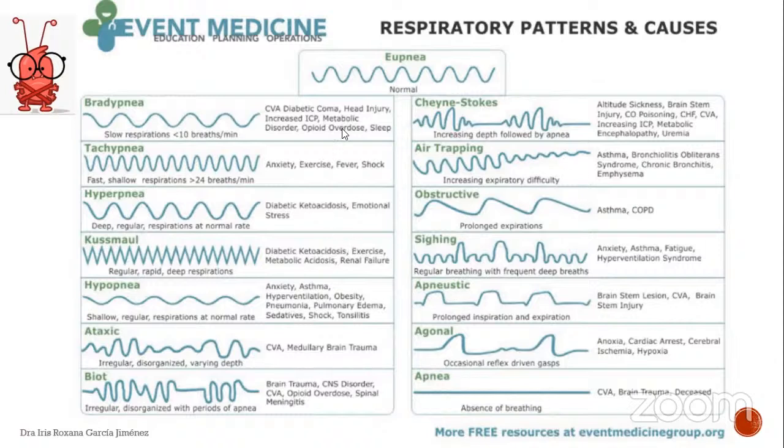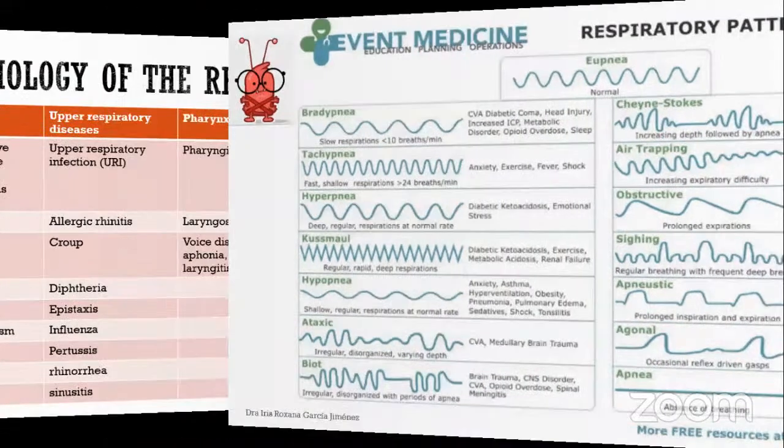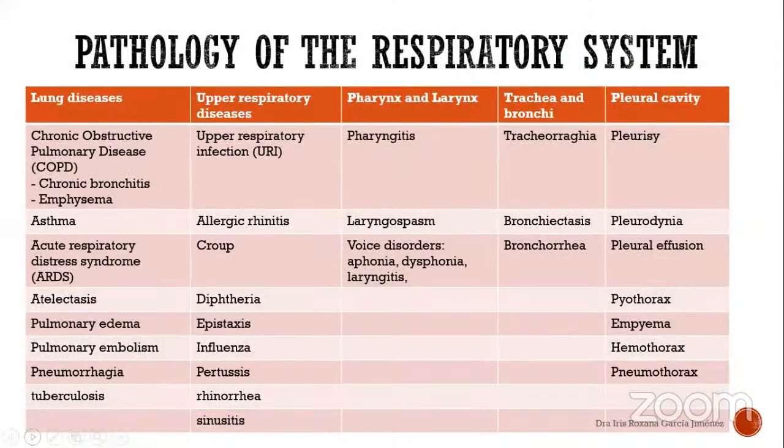Okay, check all of this, read the causes, please, for catching more vocabulary about pathologies in general, as a general view, and the patterns, okay? It's for you. And then let's check the pathology of the respiratory system.